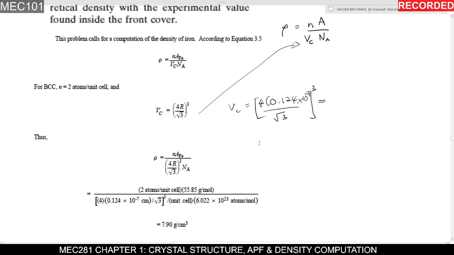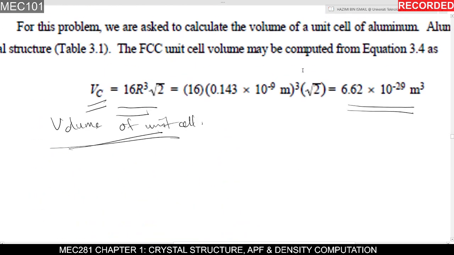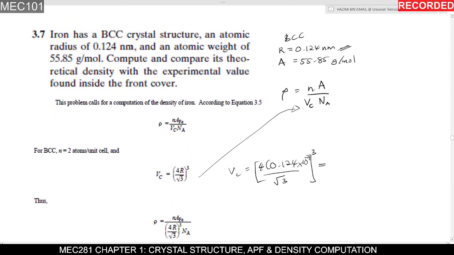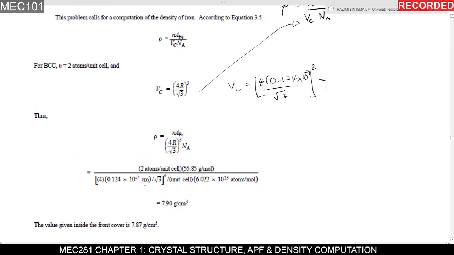So we have a confusing value here. Meter, nanometer, and then it is converted into centimeter, so that is why it has the value of 10 to the power of minus 7 in the cm. Okay, let's say I want to maintain it in meters, so at the end we will get the value in gram per meter cube.